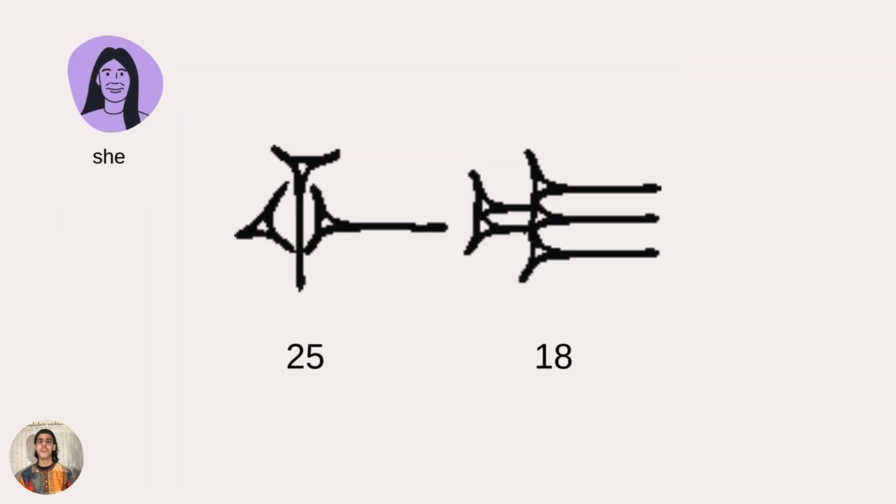And the next is going to be she. And this is funny because it's very similar to English. So look for these two signs. You don't need too much time for 25 and 18. Look at the chart. If you need to stop the video, do it.